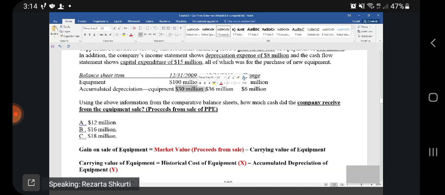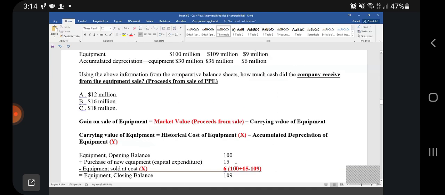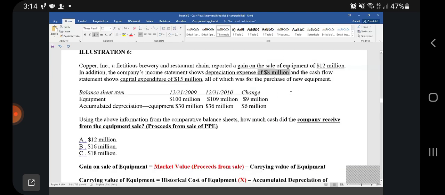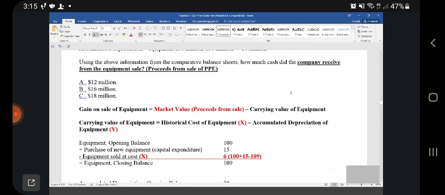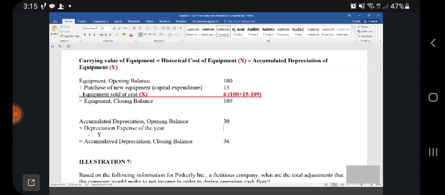So I'm putting them here, 30 and 36. Good. We know that the depreciation expense for the current year is 8 million. Now something is missing because 30 plus 8 is not 36. It should be 38.